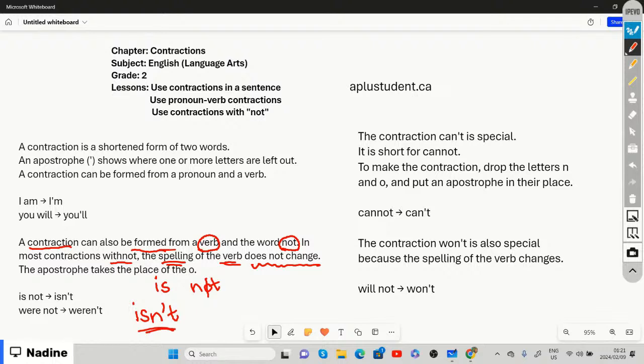All right. The same with the word were not. Let me use a different color. So the same with the word were not. Were not comes from the word were, which is the verb, and then we have the word not. So we need to bring these two together.